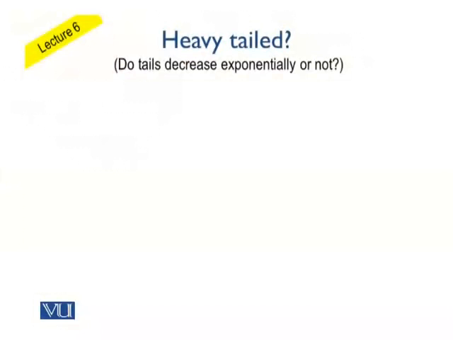So we can classify distributions according to how extreme the values can be. In cases where the chances of having extreme values are negligible, we would call such a distribution a light tail distribution. And in other cases, we can talk of a distribution in which the chances of having an extreme value which is very far from the mean are non-negligible. Such a distribution is known as a heavy tail distribution.